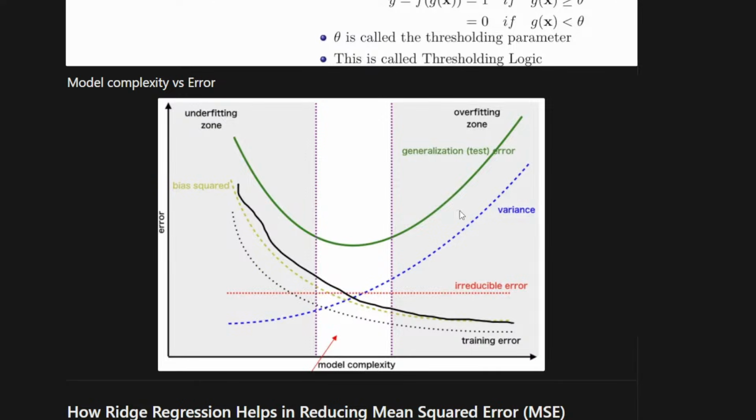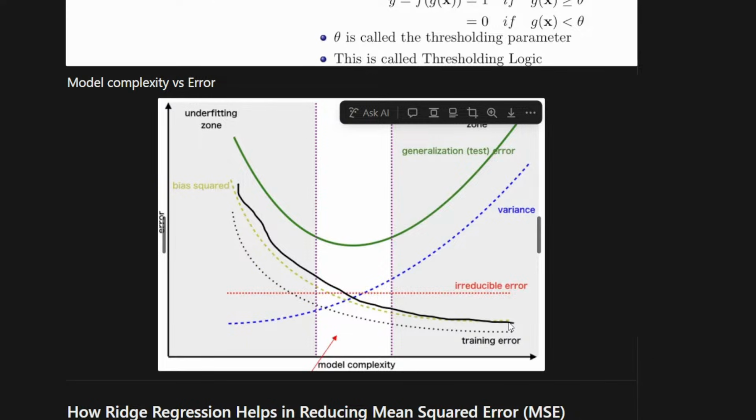First, there is some irreducible error that can never be reduced, so it is constant. And then there is training error. As the model complexity increases, the training error keeps on decreasing, because that's the point of making the model more complex, right? You want to reduce the error, so you make the model more complex.